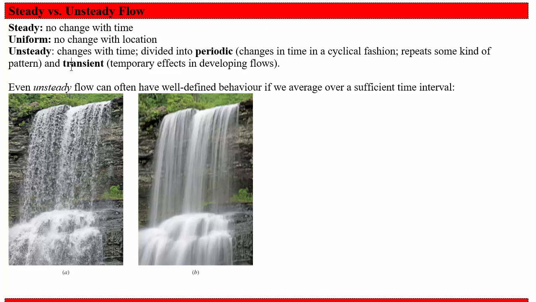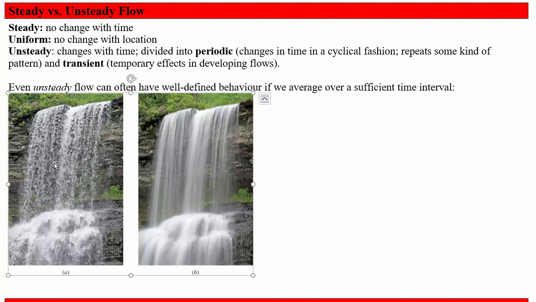And if it's transient, then it means that there's temporary effects in developing flow. So this is something that is changing with time in a non-periodic way. It doesn't just keep looping back on itself. Even unsteady flow can often have well-defined behavior if we average over a sufficient time interval. And there can also be unsteady flow which isn't periodic or transient, by the way.